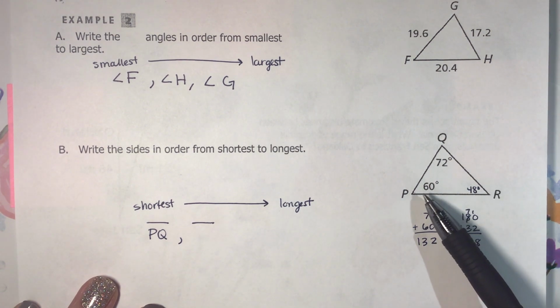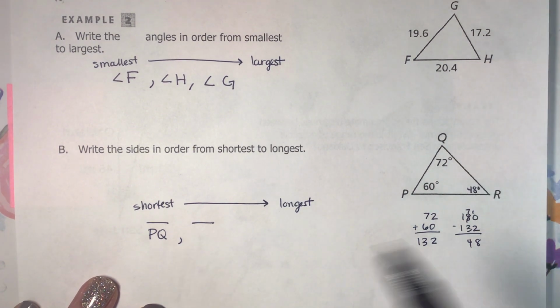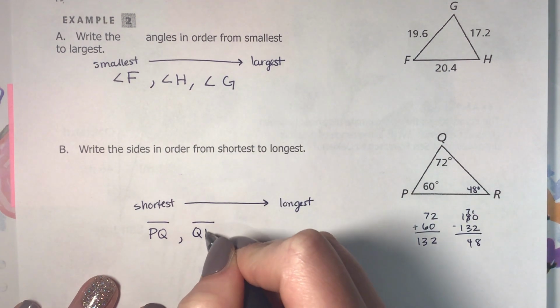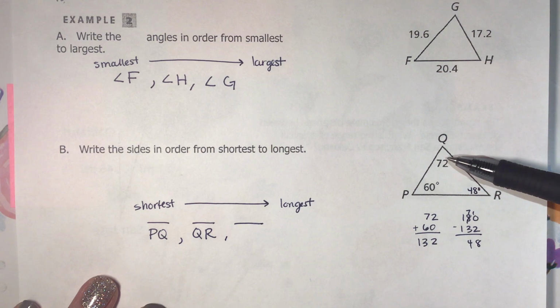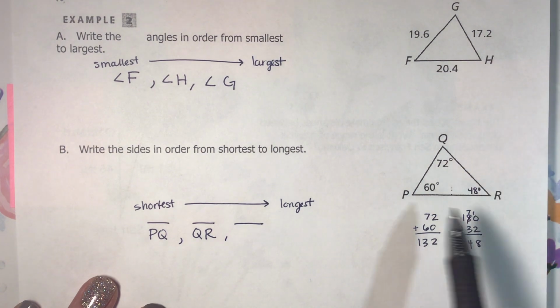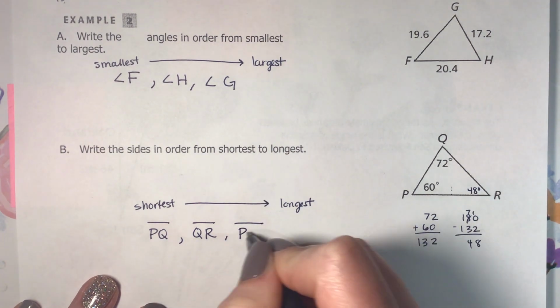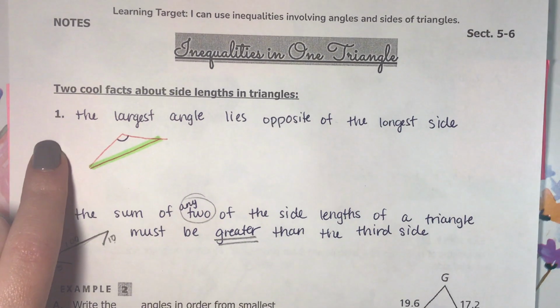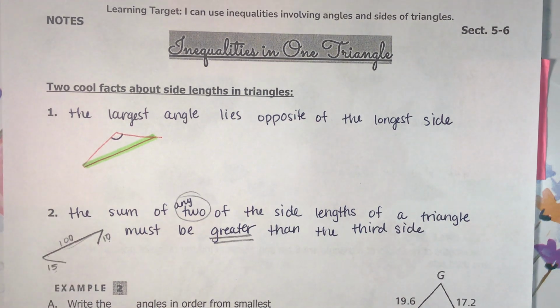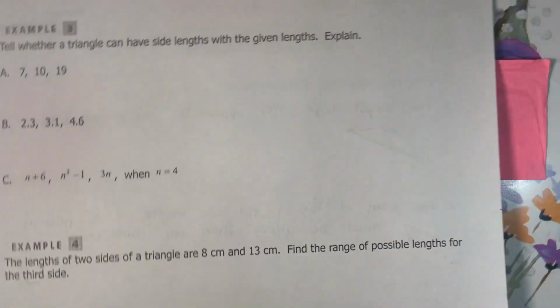So opposite from the 60-degree angle is QR. And finally, my largest angle is 72. The side opposite from 72 is PR. And there we have it. That was using our first property. The largest angle lies opposite of the longest side.